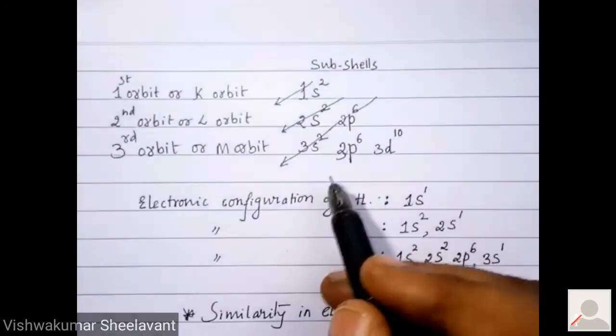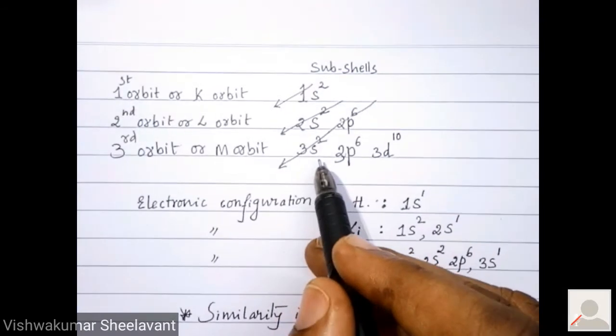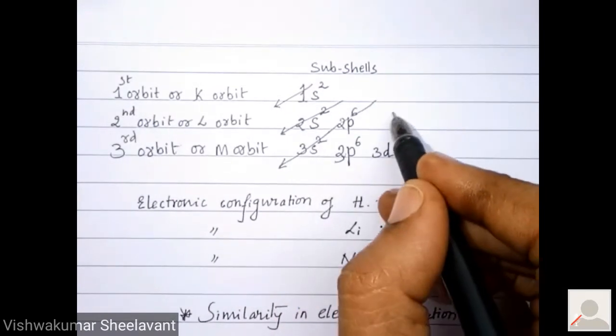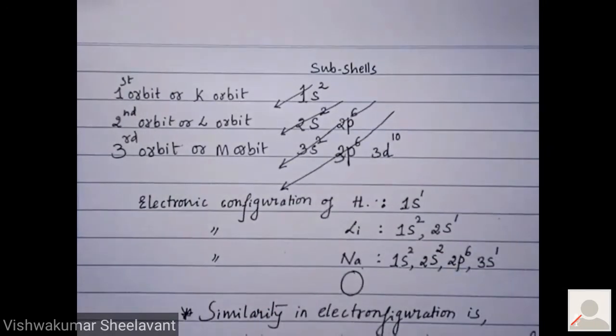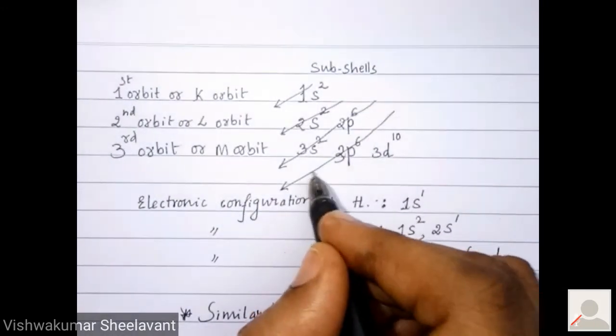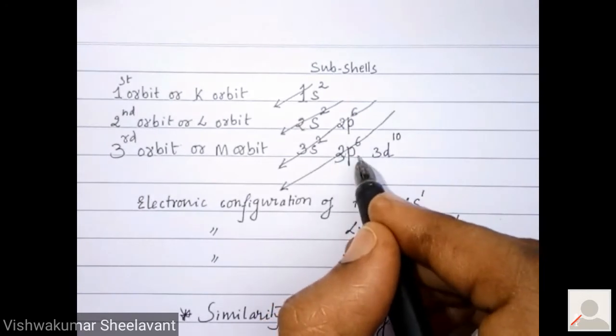Because after filling 3s, once again you have to draw the arrow mark from here. It will pass through what? First the 3p subshell.